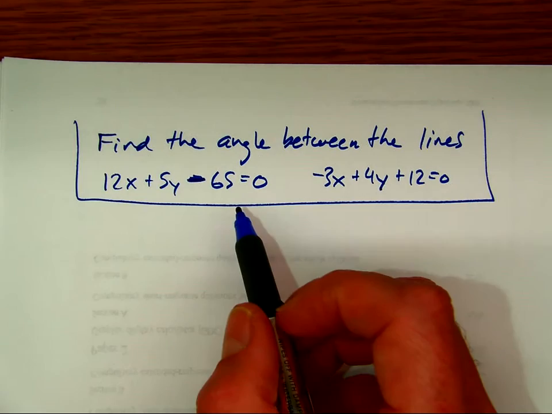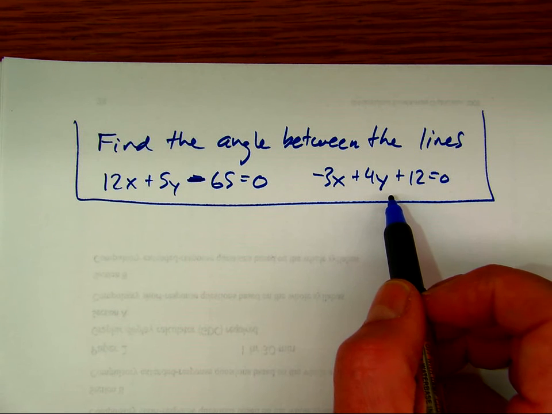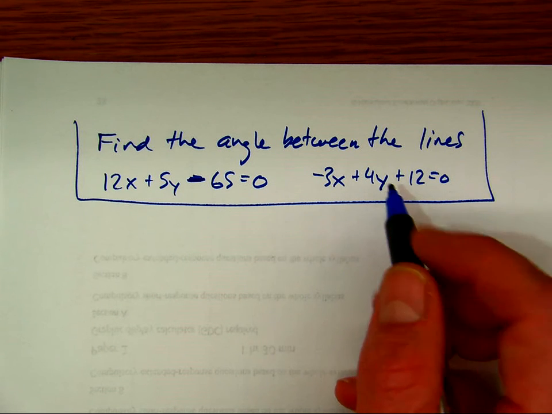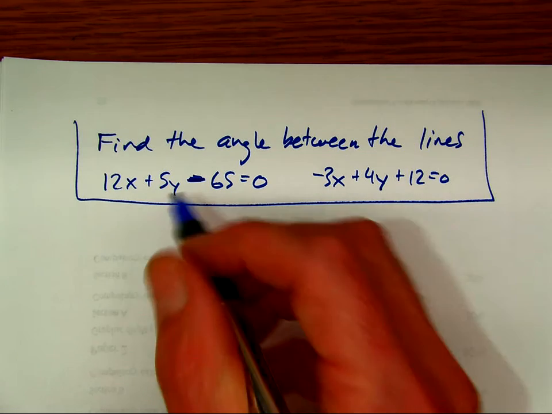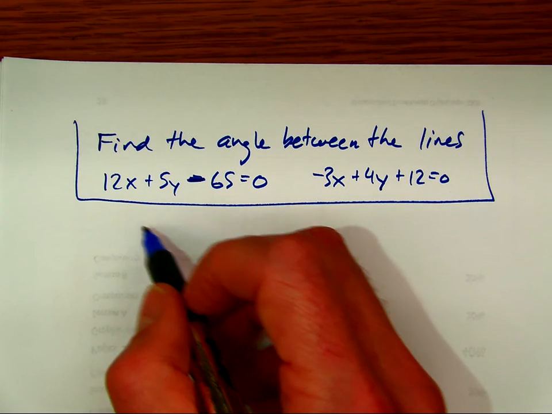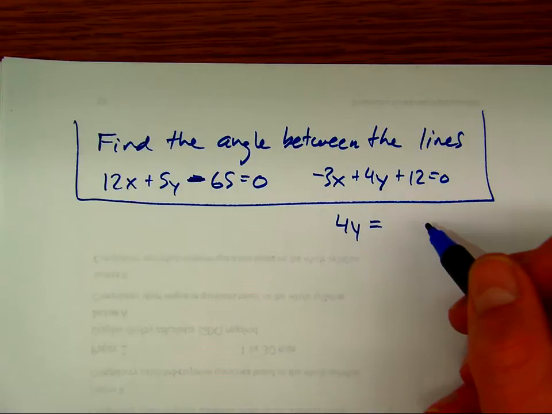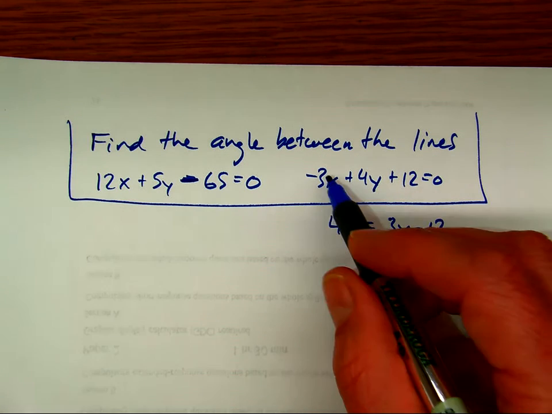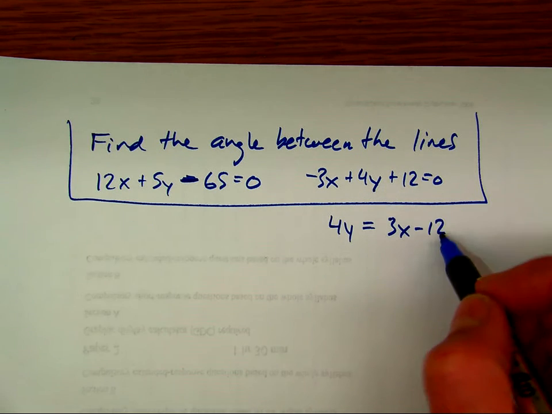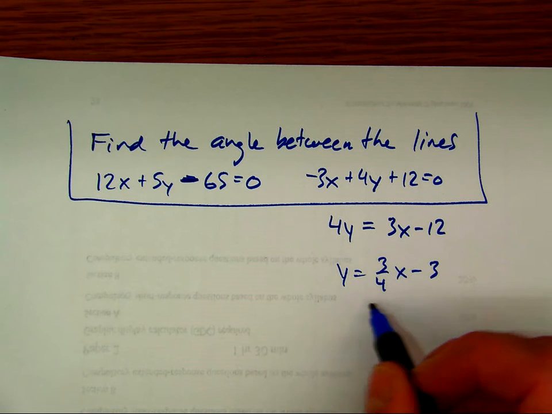All right. We need to find a vector for each of these lines. So the slope can give us the vector. From this equation, we have 4y. Let's get it in slope-intercept form. So we're going to add 3x and subtract 12. Divide by 4. So now we have the slope.